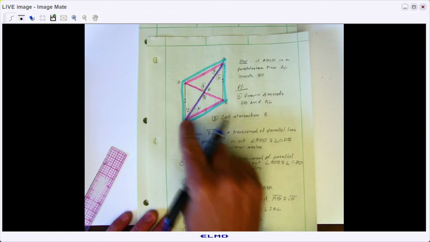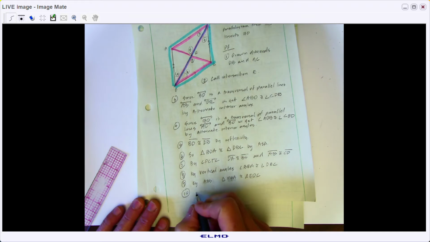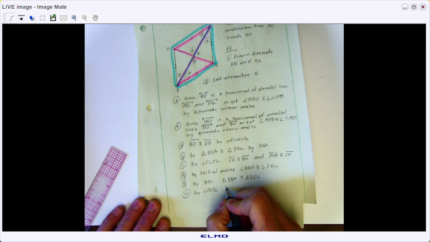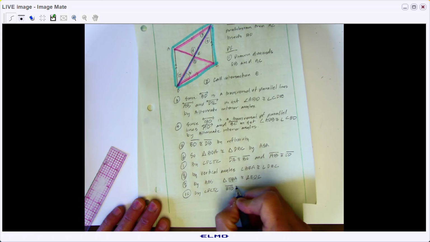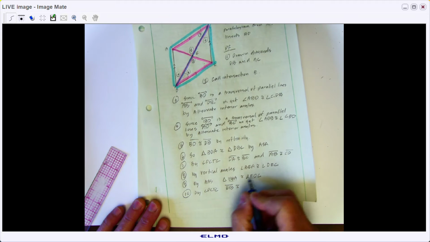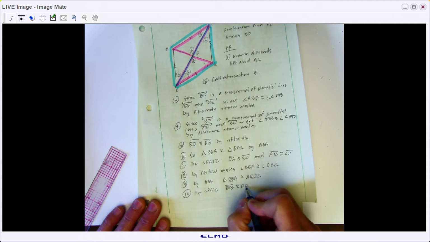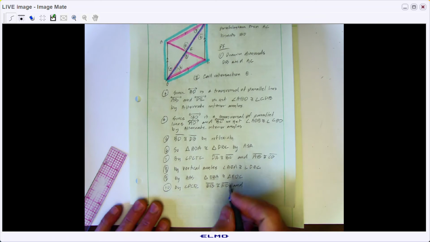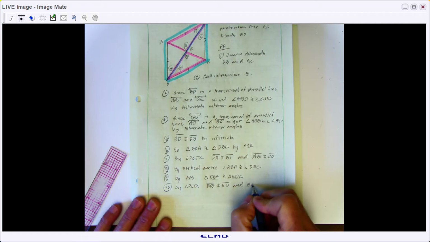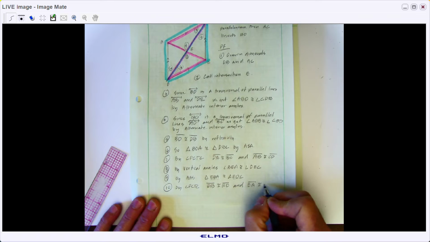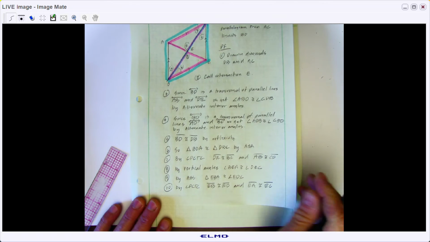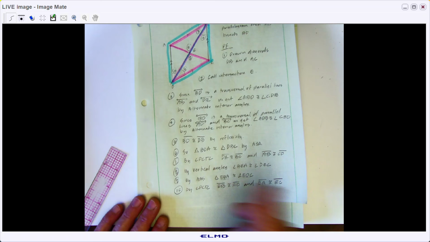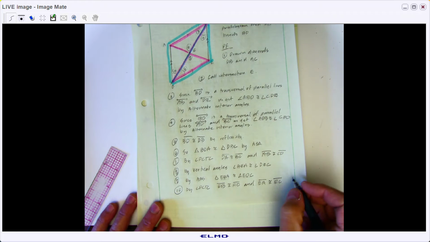So I'll just say by CPCTC, EB congruent to ED. And let's see, EA congruent to EC. So EA congruent to EC, and that's what we wanted to show.